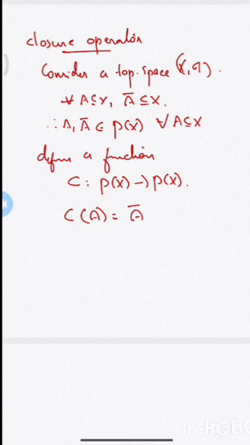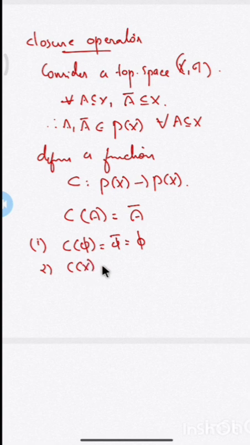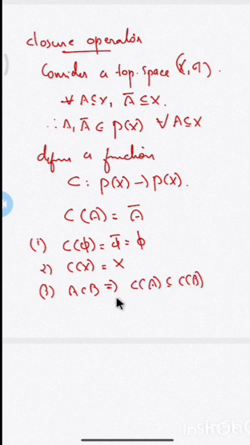Then what are the properties this operator has? All the properties of the above theorem. What were the properties? C of empty set: what is C of empty? That is empty closure. Empty closure is empty. So C of empty equals empty. And what is C of X? C of X is X closure, and X closure is X. And the third property: if A is contained in B, then A closure is contained in B closure, that is C of A is contained in C of B. Correct?